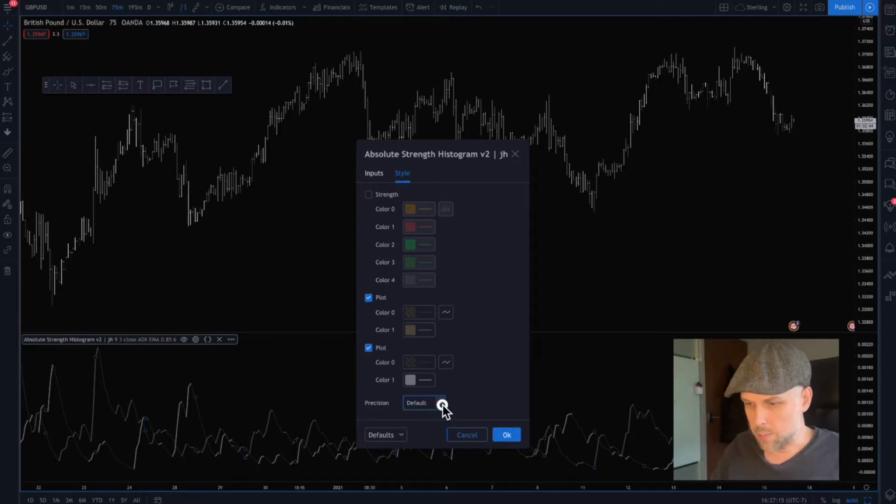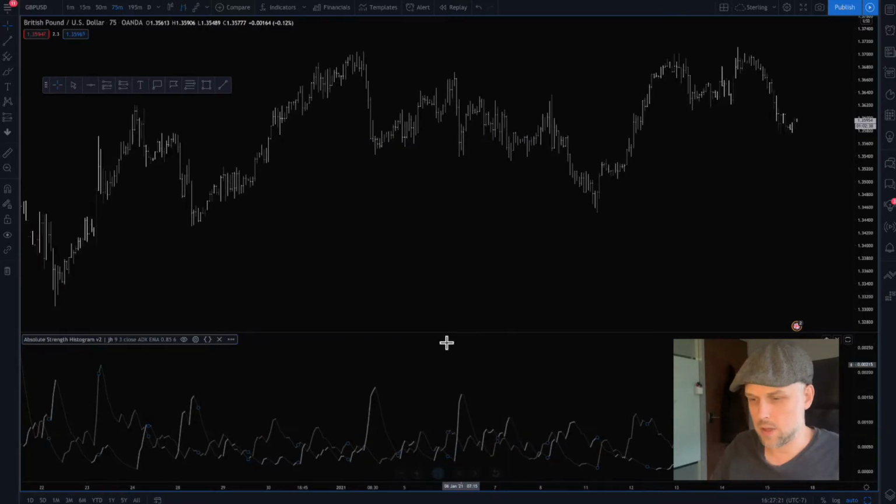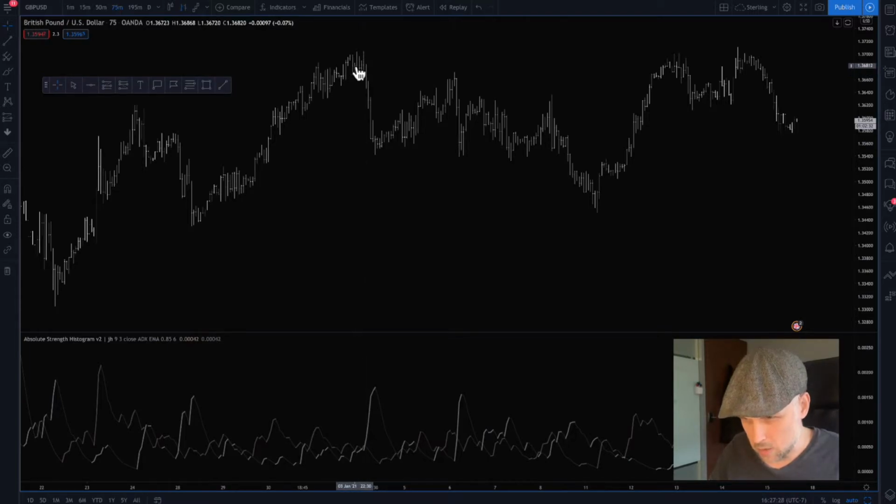So there we go. Precision, you don't have to worry about that too much. It's about seeing whether or not there is strength. So for instance, we can see that as the price starts to drop down right here, we have strength in the bears.